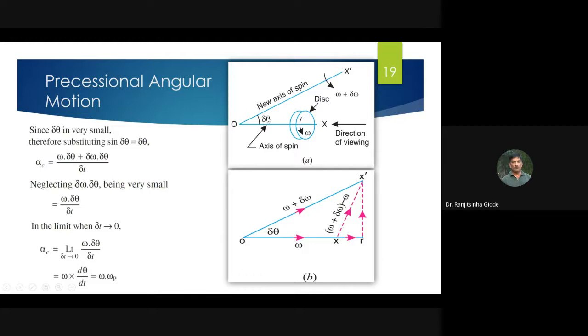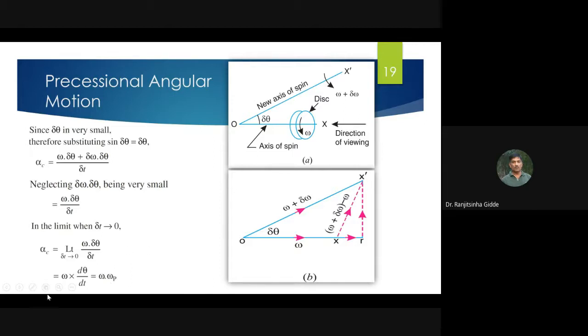We have drawn this theta and this omega with respect to time.